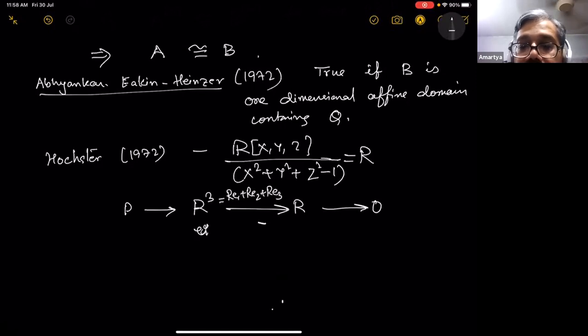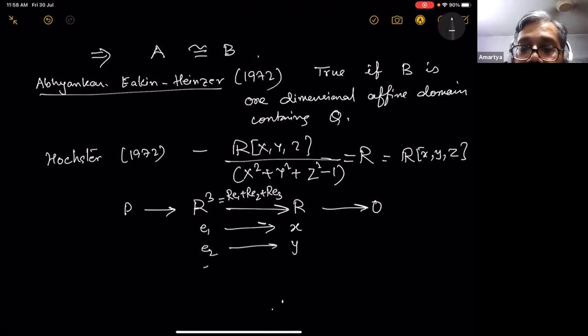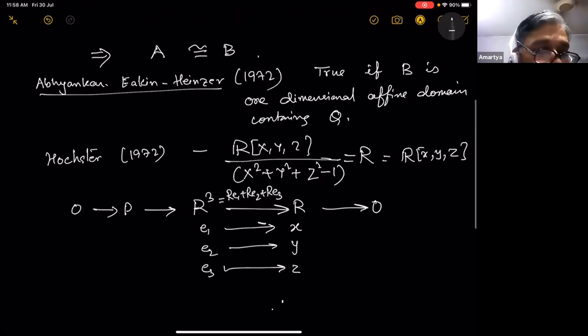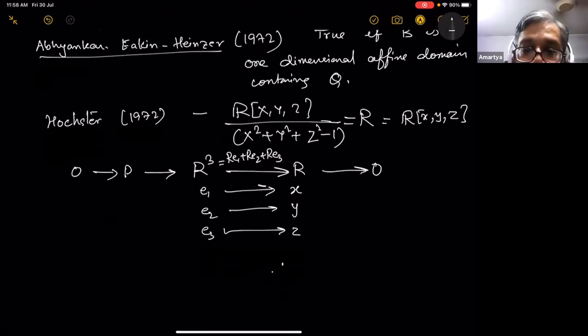Then I send e1 to x. Let me denote small x, y, z by the images of capital X, Y, Z in the ring R. Send e2 to y and e3 to z, and let P be the kernel of this module homomorphism.